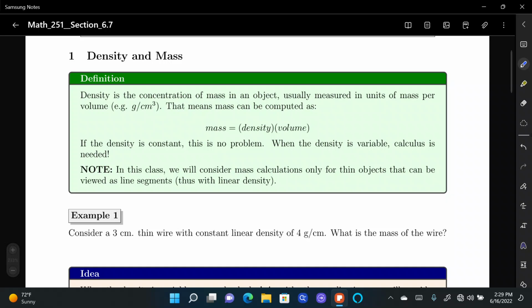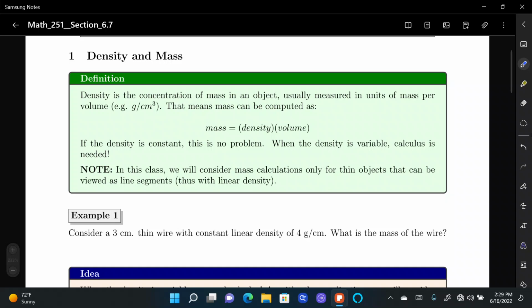But in this case, we're not going to look at 3D, because when you think of density, you think of relating mass and volume, but that's not the only case of density. We also have superficial density and we also have linear density. And for the simplest case, we're going to look at the linear density.